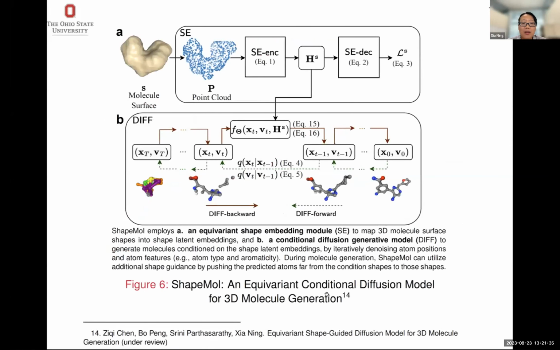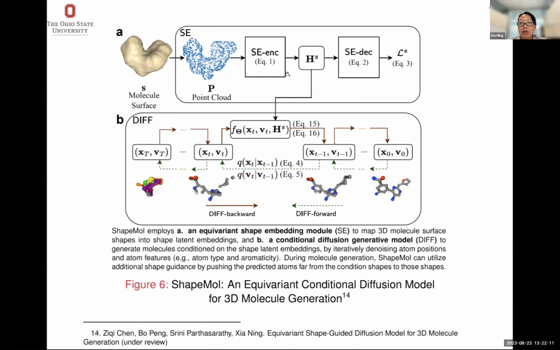So we developed this shape model method using a diffusion framework. So the idea here is first we learn how to embed 3D shapes, and we use the 3D shapes as a condition in the diffusion framework. To embed the 3D shapes, we generate the molecule surfaces, sample a point cloud from the surface mesh, and embed the point cloud into a latent space.